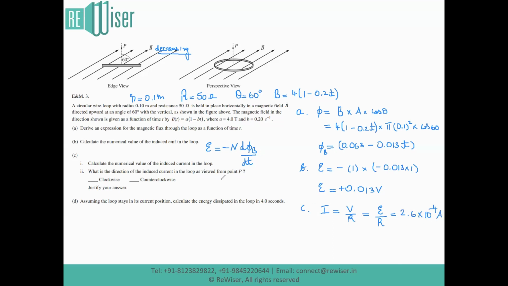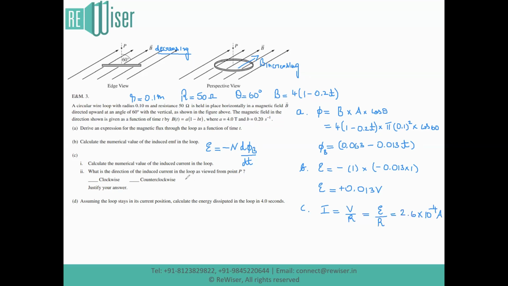in its SI unit. What is the direction of induced current in the loop as viewed from point P? We know that as the magnetic field B is decreasing, and this is the reason why voltage is induced in the coil, the coil will try to induce a current in itself in such a way that it can produce an increasing magnetic field in the direction so as to counter the changing magnetic field.